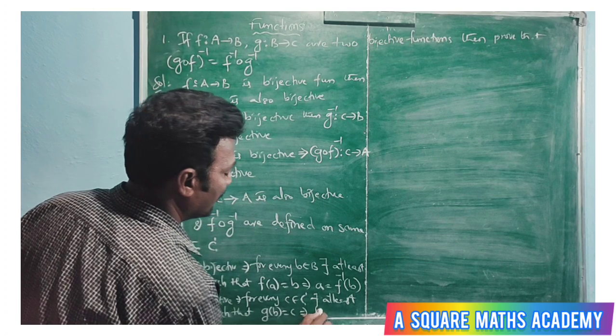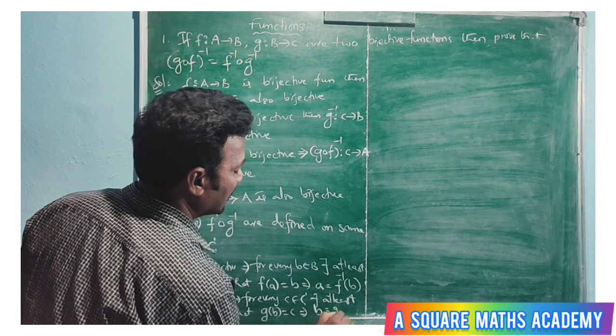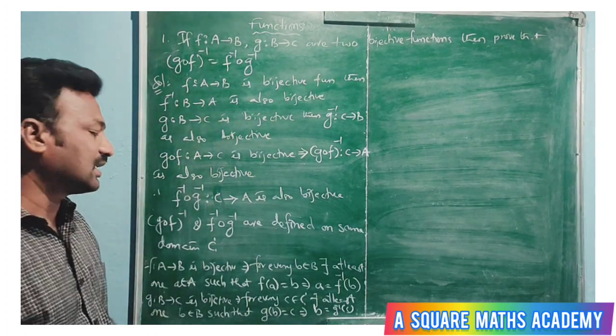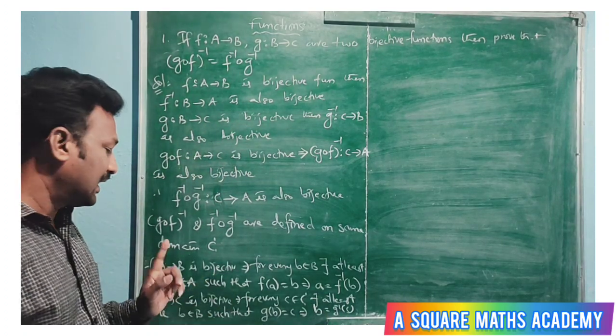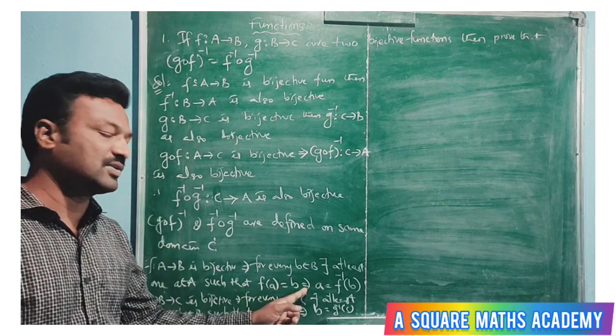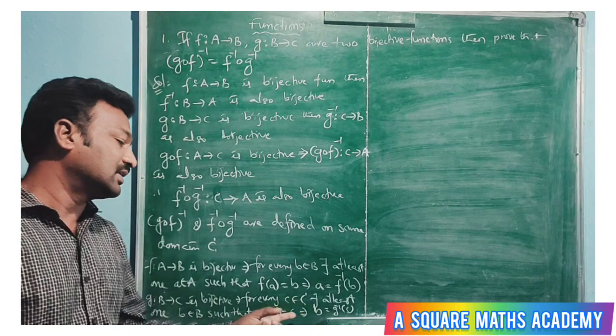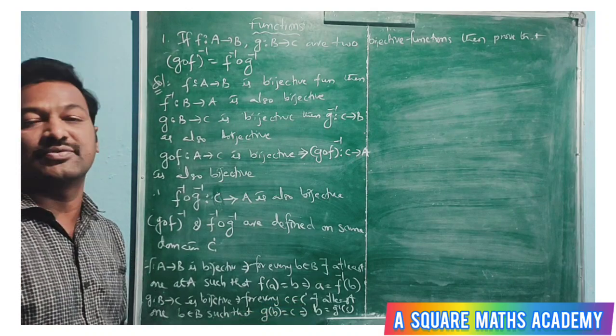That implies b equals g inverse of c. So these are the definitions of a bijective function. f is bijective, so f of a equals b, which implies a equals f inverse of b. g is bijective, so g of b equals c, then b equals g inverse of c.